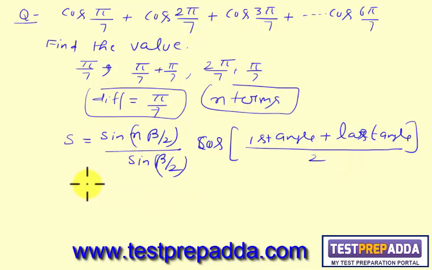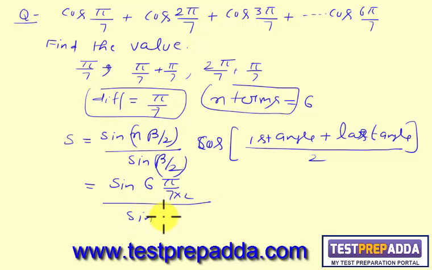Can you recall the result? Here n is 6. N terms means 6 terms are there. You can see 1, 2, 3, 4, 5, 6. 6 terms are there. So I'll write here sine 6 into beta, which is pi by 7, so pi by 7, and then 2 upon sine pi by 7 into 2, that is pi by 14, and here it becomes cos.